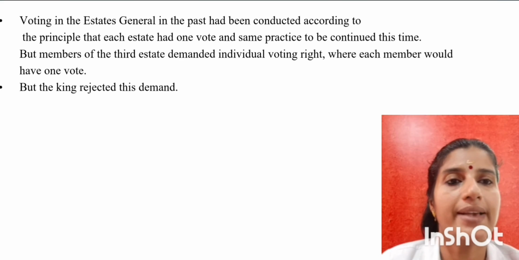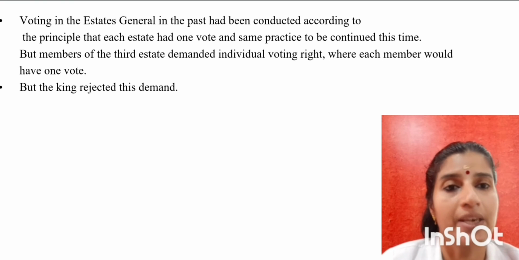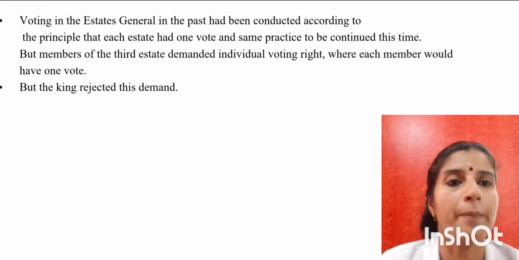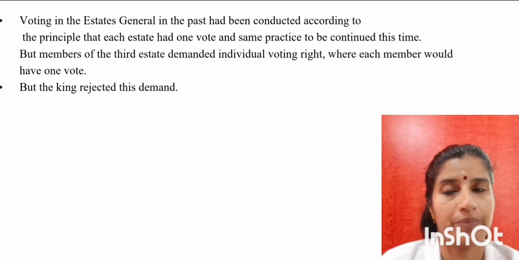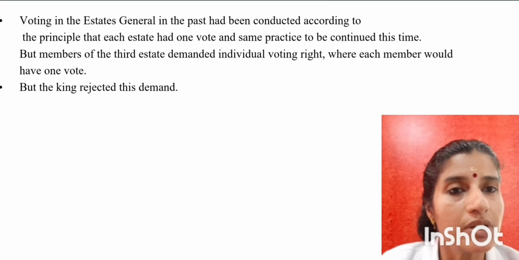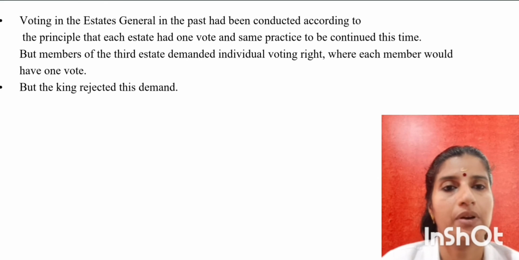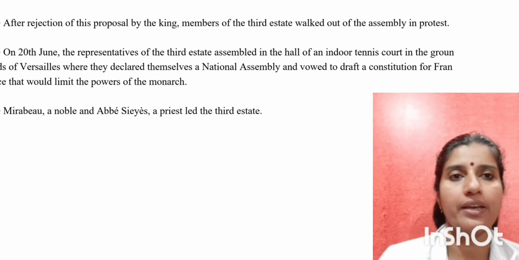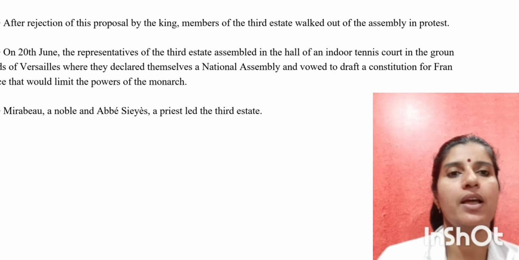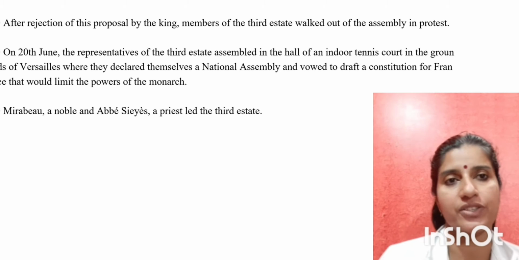So, the third estate demanded that voting now be conducted by the assembly as a whole, where each member would have one vote. What was their demand? Each member would have one vote. But the king rejected this proposal. When the king rejected this proposal, members of the third estate walked out of the assembly in protest.